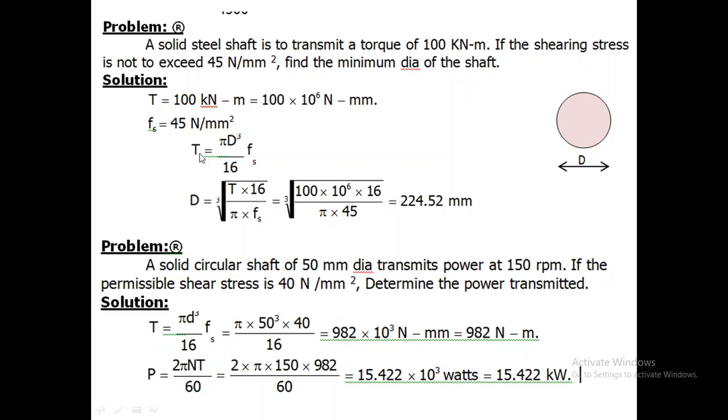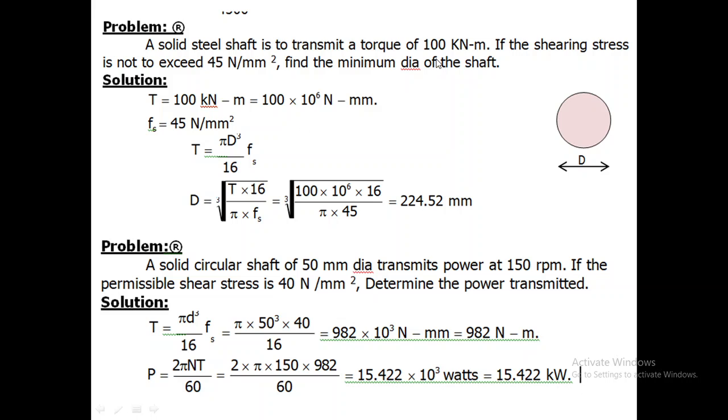In this problem, torque is given and the shear stress is given. So what is unknown is the value of diameter D. You can simplify this equation, substitute the values, and directly we can get the value of D. So it is 224.5 millimeter.